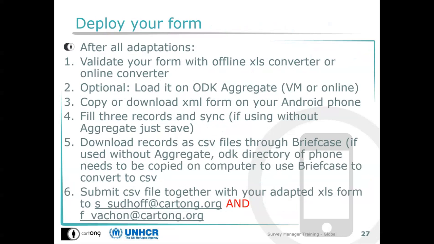Okay, then deploying your form is basically the same as it was last time, and as I had been demonstrating with the two online tools that you could be using. You should be using Briefcase to download the CSV files, because especially the children will not work through the download button on Aggregate.